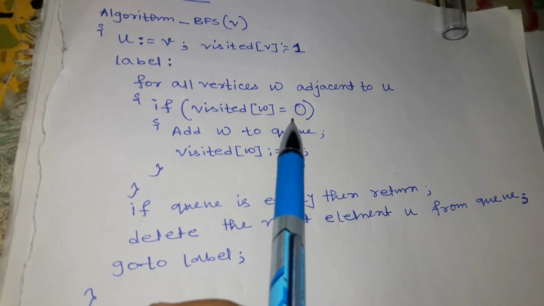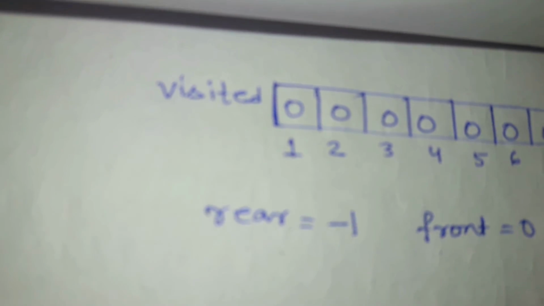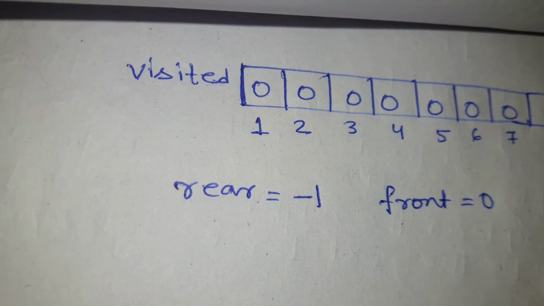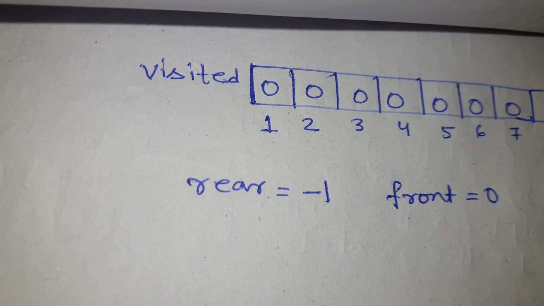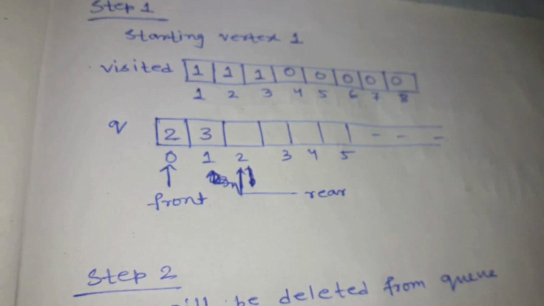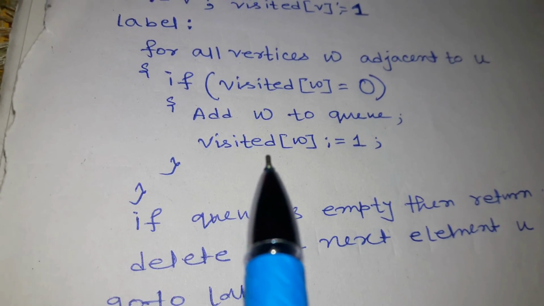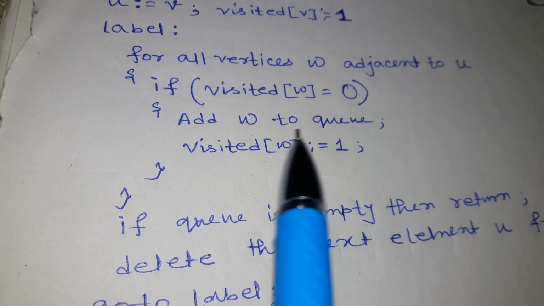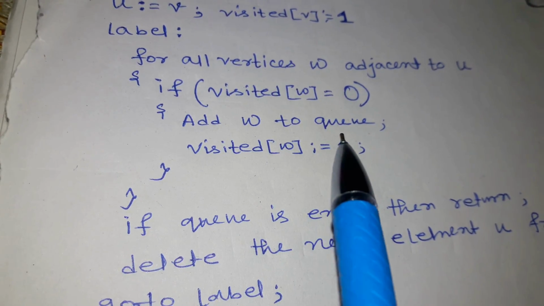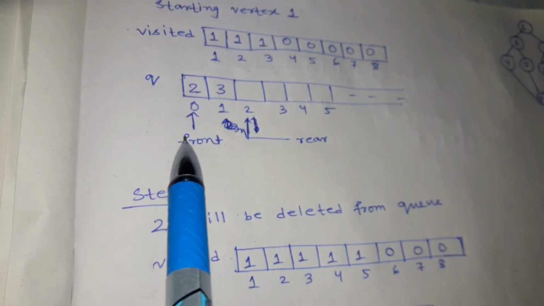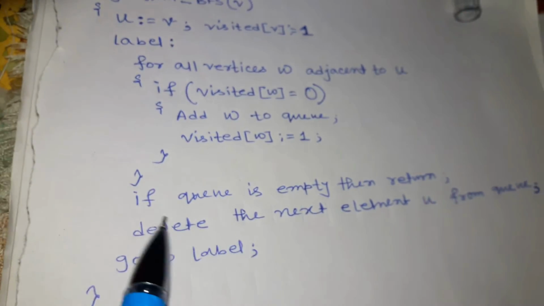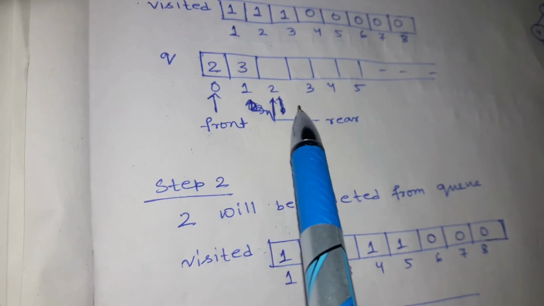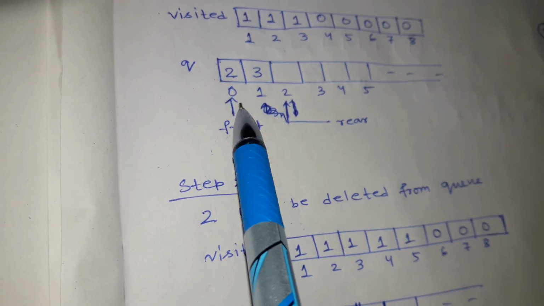If visited[W] equals 0, so at first visited of 2 and 3 was 0, they will be 1 correspondingly, and they will be added into the queue. So see here, 2 and 3 have been added to the queue for step 1. Here rear is index 2 and front is 0.